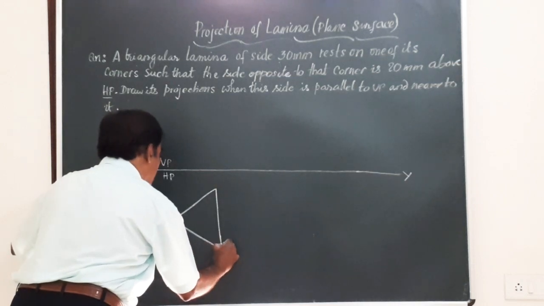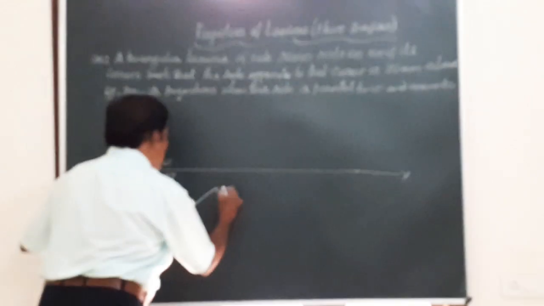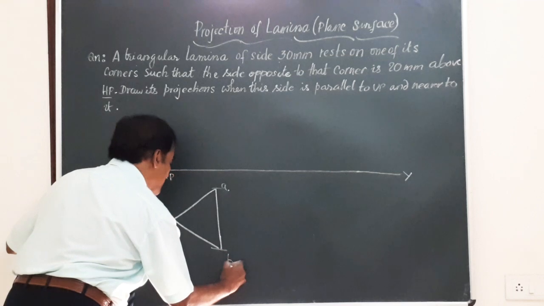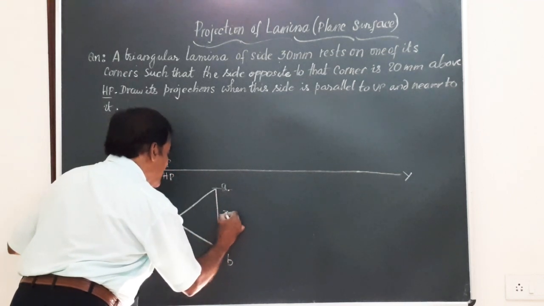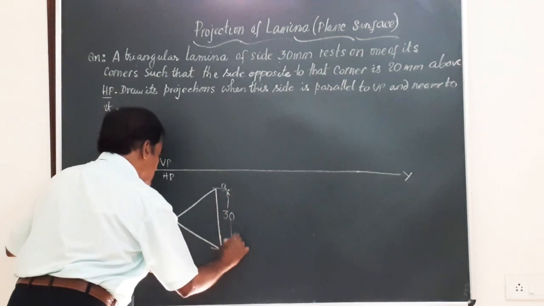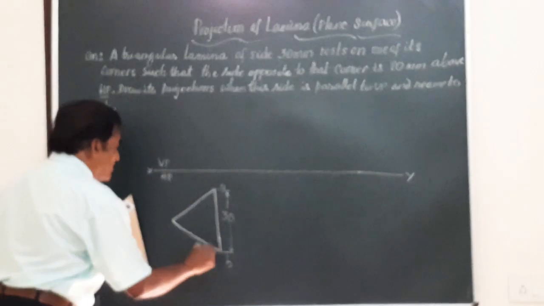This is an equilateral triangle. I will call this AB, that AB measures 30 mm. So, this is 30 I will mark, and all these sides measure 30. Let this be the corner. I will say this corner as C.